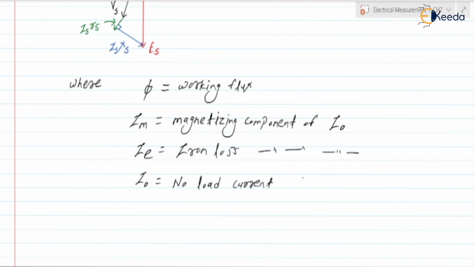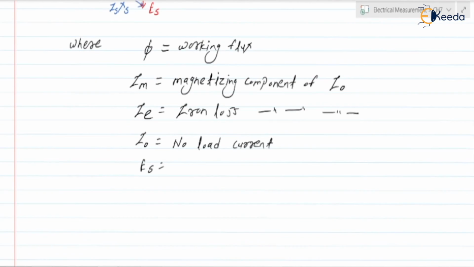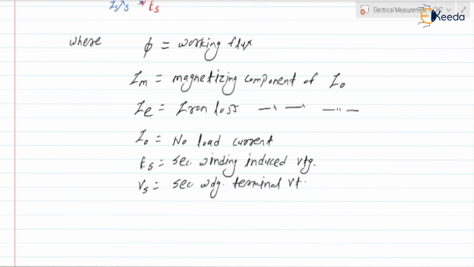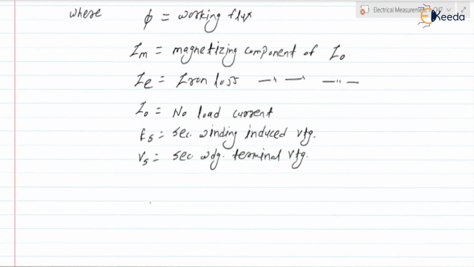Okay, next, ES is the secondary winding induced voltage. VS is the secondary winding terminal voltage. Okay. Next, NP is the primary winding turns.